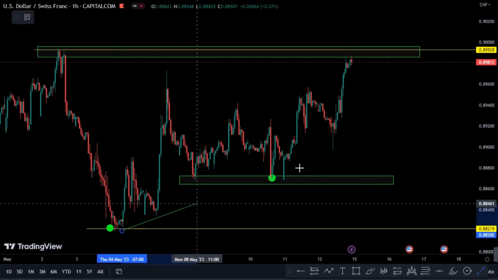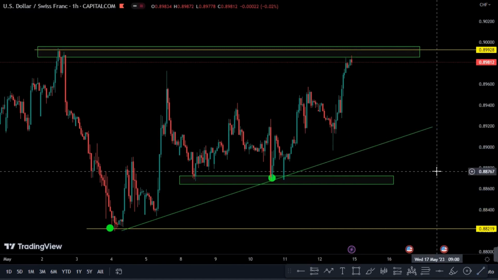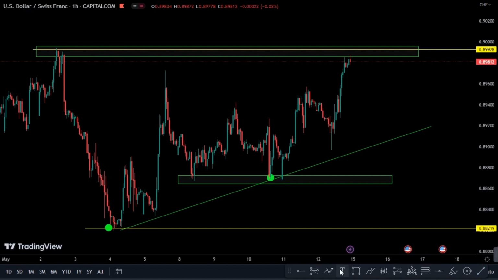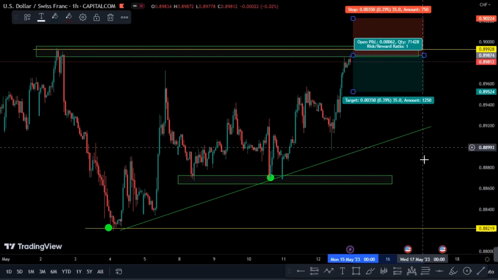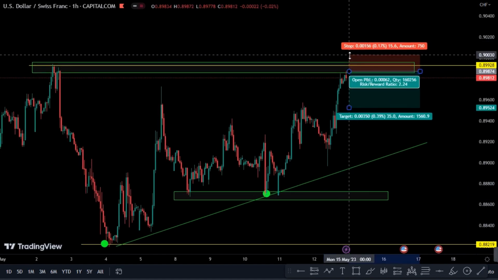Okay, I can also see the structure here, this being our channel here. So I would anticipate a short here. I would be looking to take a short in this area, as it is also in confluence with my DXY.